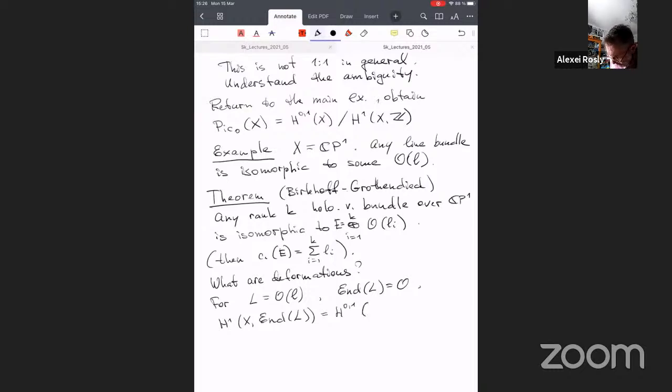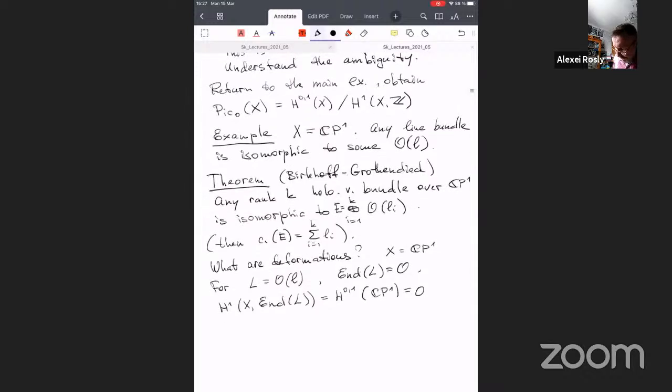X is CP1 here, and this is trivial because CP1 is simply connected. So there are no deformations.